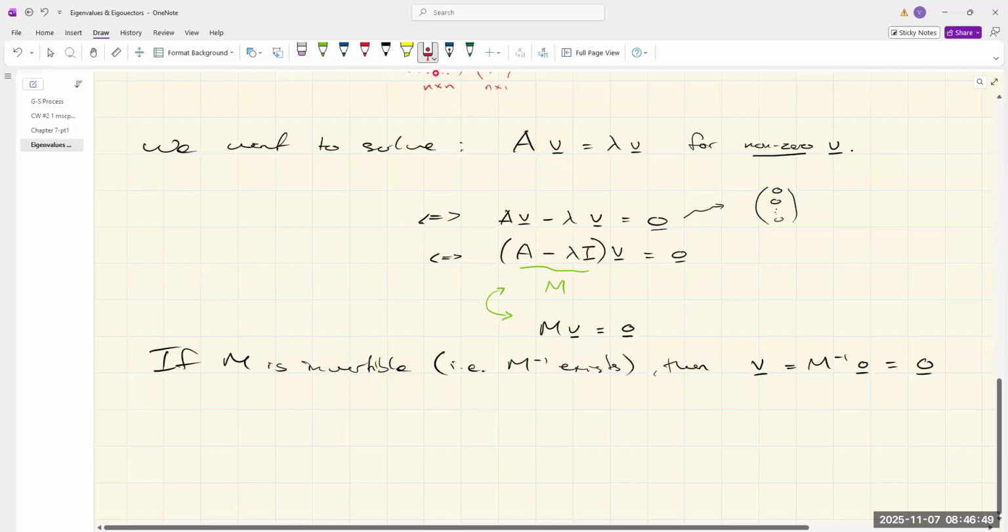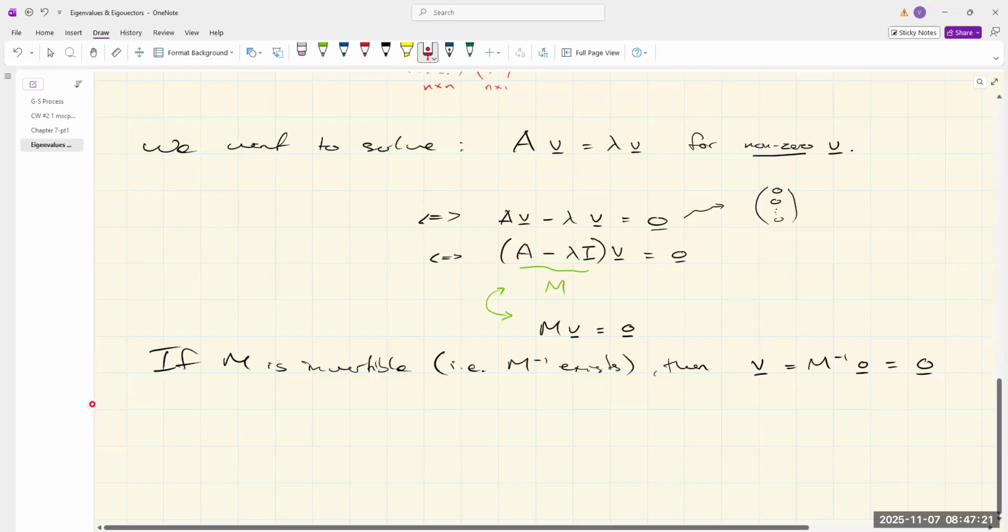Okay, so what are we showing here? This is the whole idea in how to calculate these eigenvalues and eigenvectors. If the matrix M is invertible, that is, if M inverse exists, the only solution to this problem is v equals 0.